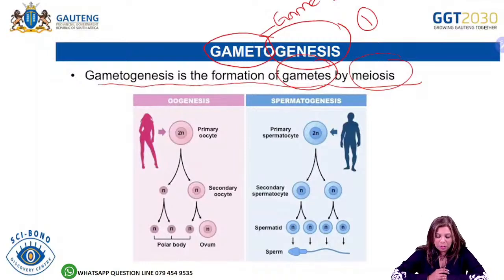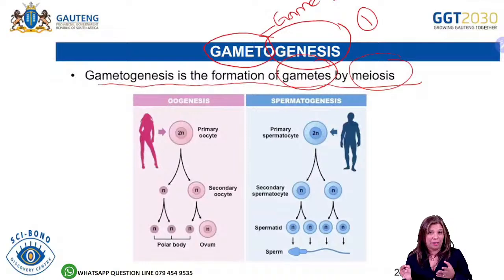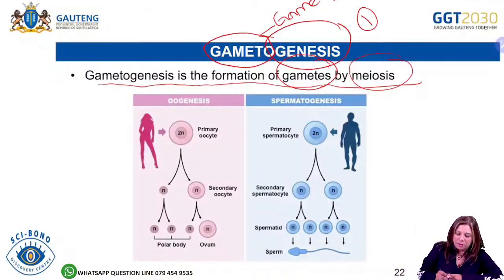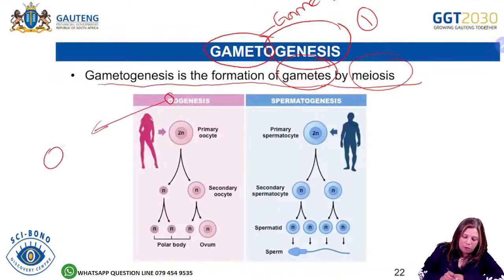There are two processes involved in gametogenesis, because we are producing gametes, but there are male gametes and female gametes. And we females, we like to have our own names and our own special things. So for gametogenesis in females, for the production of ovum, we call it oogenesis. Remember, oo for O, which is ovum, and that even looks like an ovum.